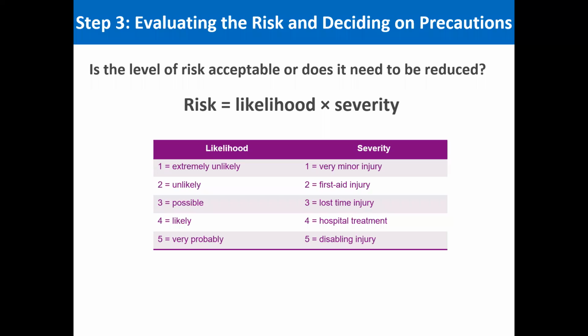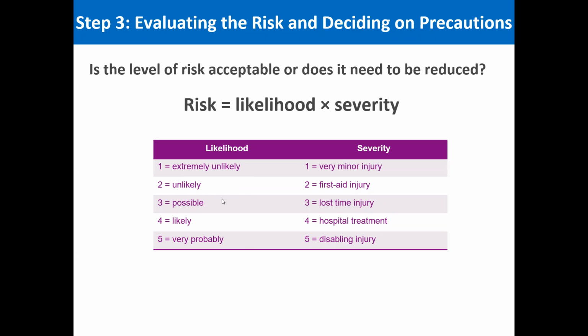So how do we give this rating of 1 to 5? For example, if we're considering a hazard that is extremely unlikely and has never happened in the past, we will give it a rating of 1, which means it is extremely unlikely.